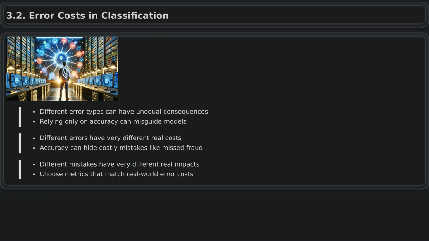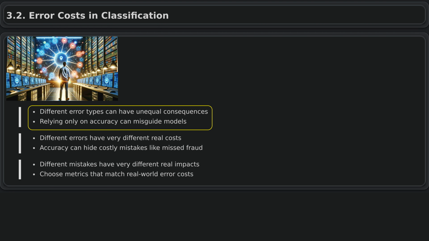Error costs in classification. When evaluating a classifier, accuracy alone can be misleading because not all errors are equally serious. In a medical screening system, for example, a false negative that misses a disease can have severe health consequences, while a false positive may only lead to extra tests and anxiety.